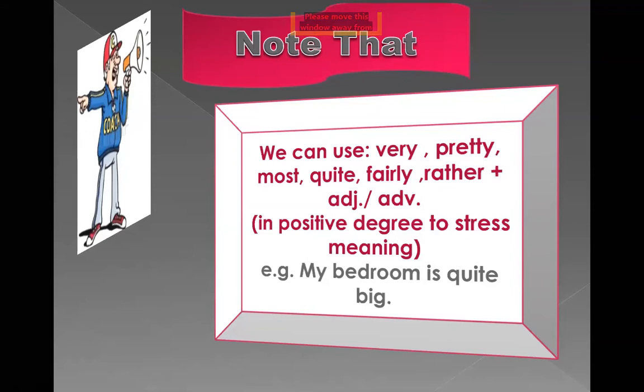Again, say them with me: very, pretty, most, quite, fairly, rather. I can use them with a bare adjective without comparative form to make what? To emphasize the meaning. In Arabic it means أأكد على المعنى.